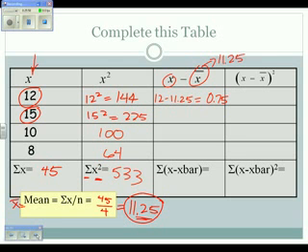0.75. And then on the next row, we do 15 minus 11.25, and that will give me 3.75.